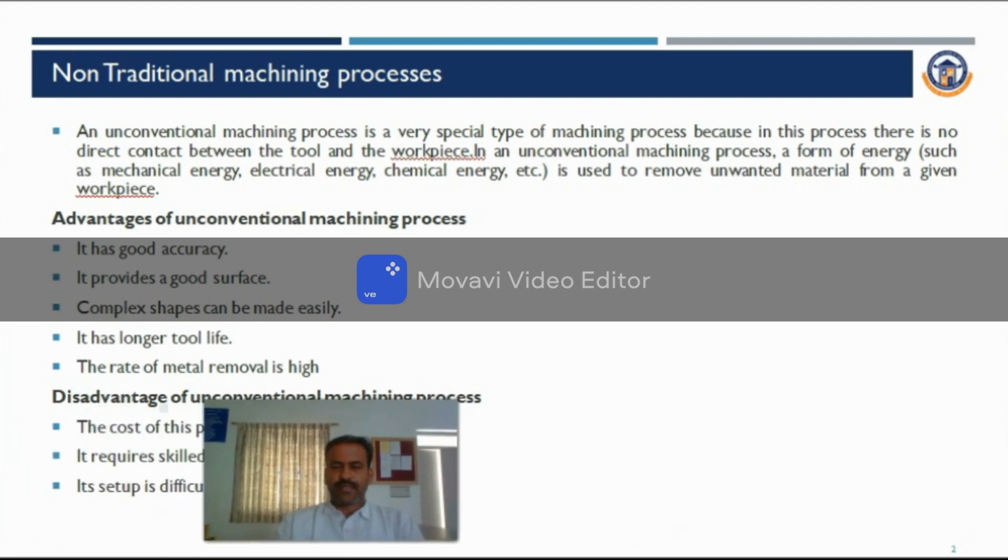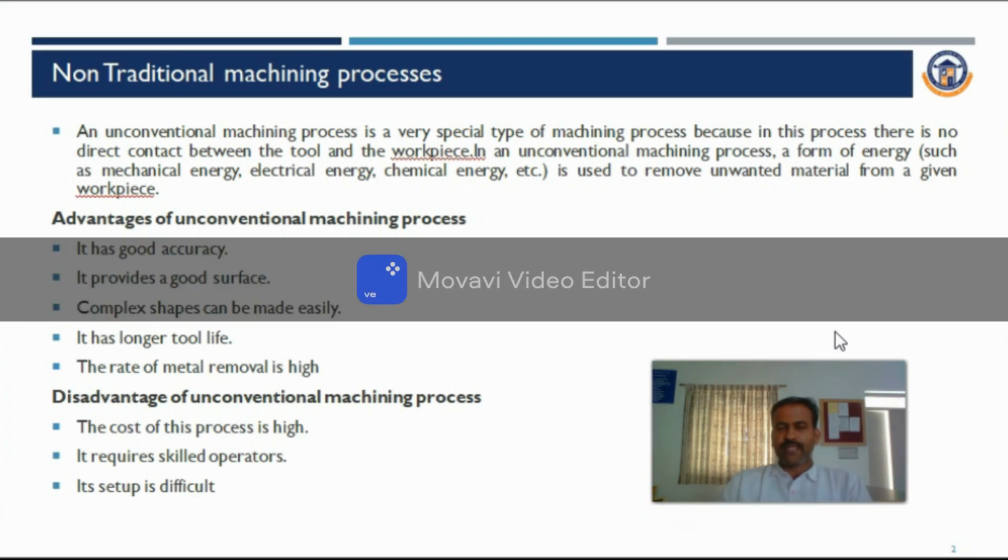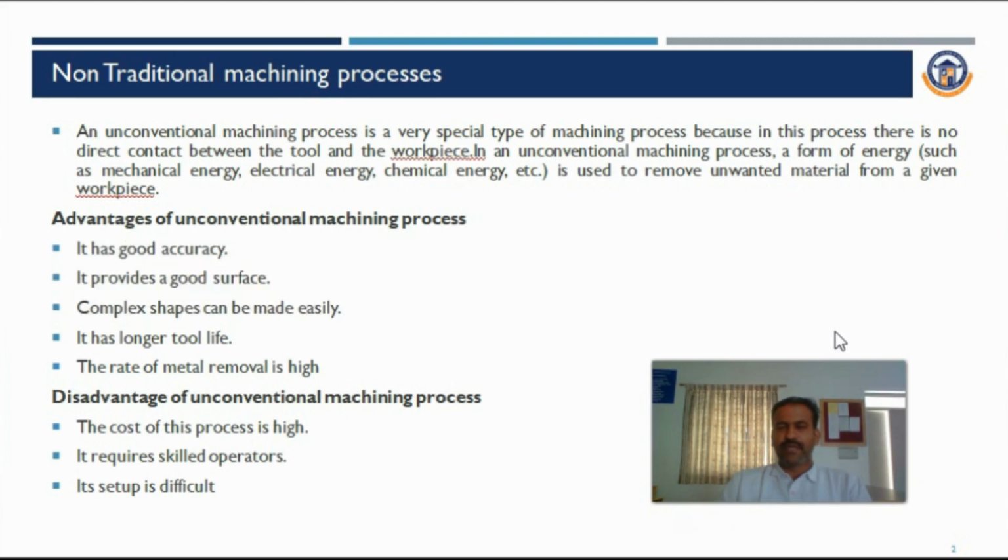So what is meant by non-conventional machining process or non-traditional machining process, another name being unconventional machining process? The unconventional machining process is a very special type of machining process because in this process there is no direct contact between tool and workpiece. If you take a conventional machining process, for example lathe or milling machine or grinding machine, whatever it may be, in all conventional machining processes the tool and workpiece are in direct contact.